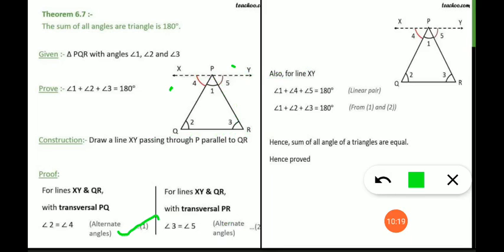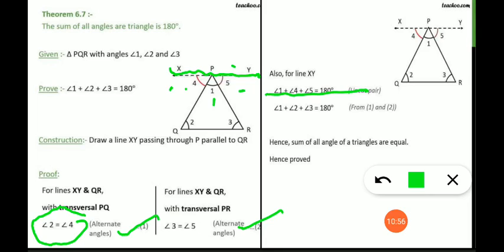So we have the first relation, we have the second relation. Now since XY is a straight line, and on that straight line we have three angles, angle 1, angle 5 and angle 4, the sum of these three angles will be, yes, 180 degrees, angles on a straight line. So angle 1 plus 4 plus 5 is equal to 180 degrees. But wait, we have learned that angle 4 is equal to angle 2.